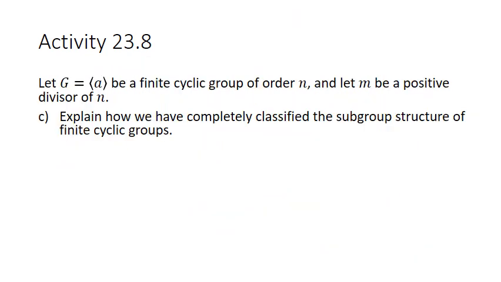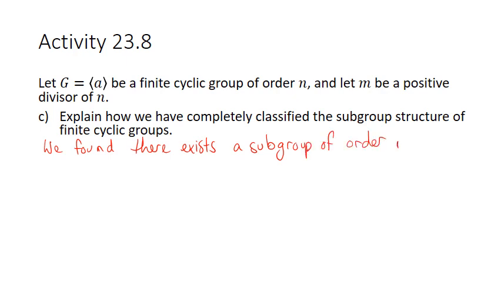Okay, so part C here, explain how we have completely classified the subgroup structure of finite cyclic groups. So we found there is actually a subgroup of order M for all integers M that divide N. So we found a bunch of subgroups, first of all, and then we found that these are unique.